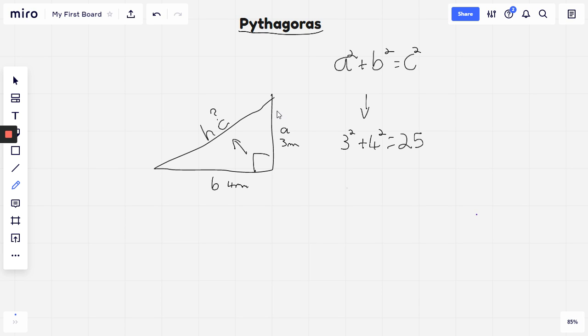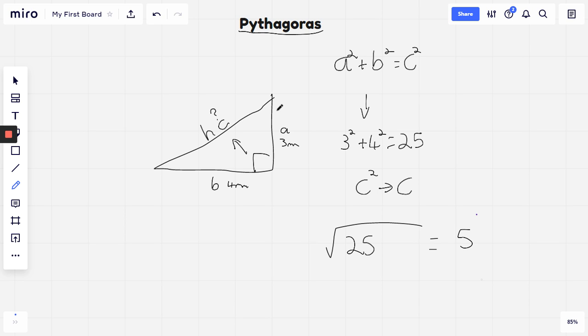So what we need to do then is take C squared and turn it into C. To do that, we use the square root symbol on your calculator, and we put the square root of 25 equals 5.